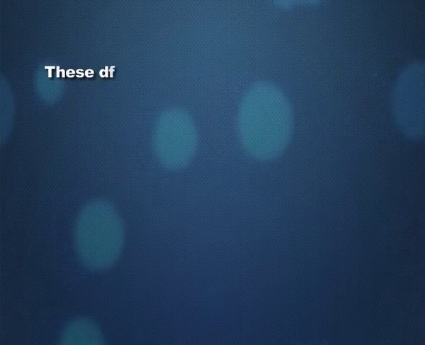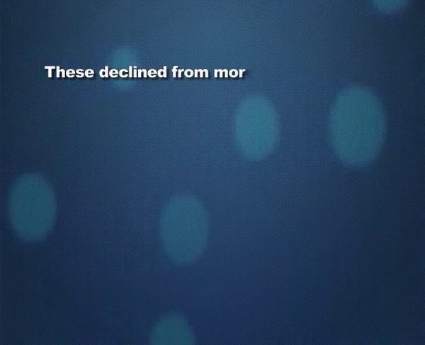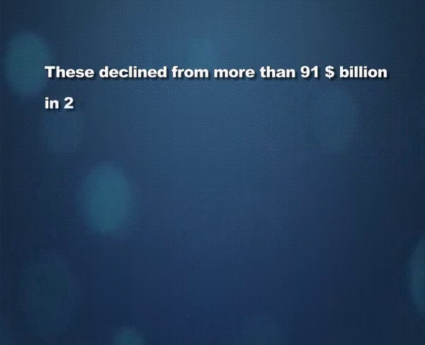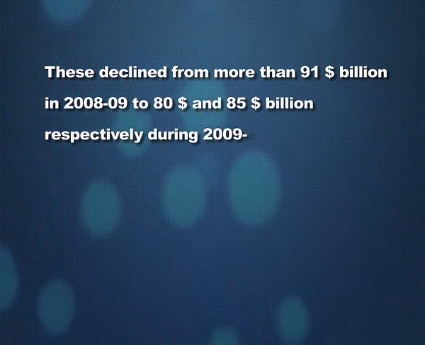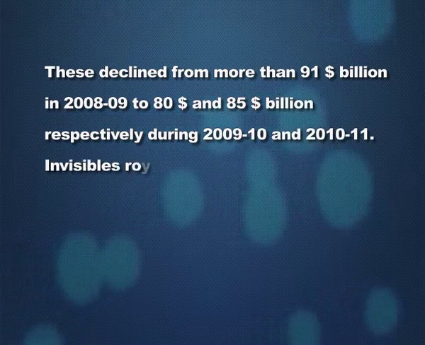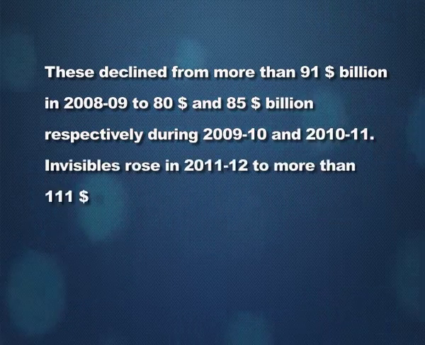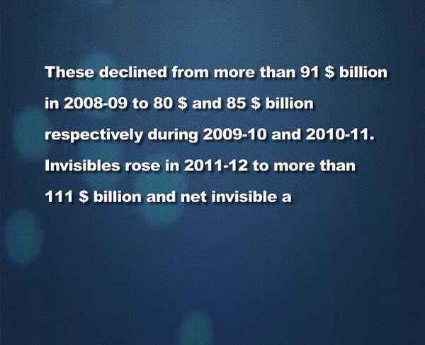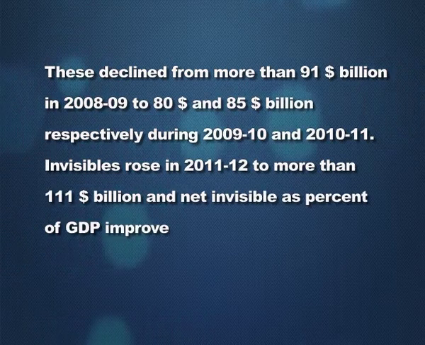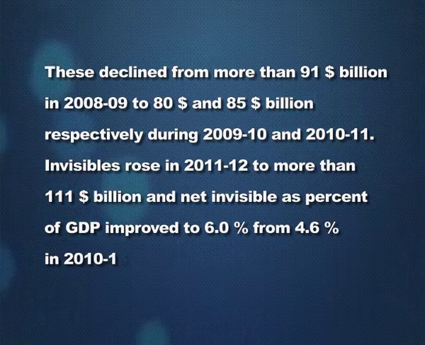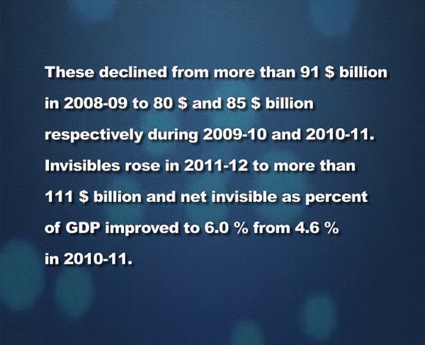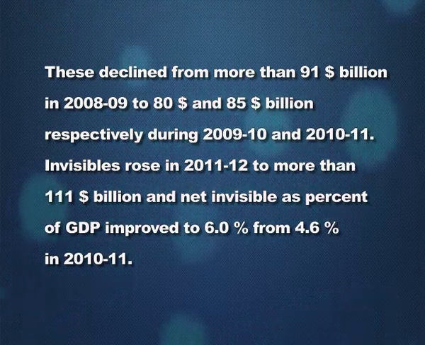These declined from more than $91 billion in 2008-9 to $80 and $85 billion respectively during 2009-10 and 2010-11. Invisibles rose in 2011-12 to more than $111 billion and net invisibles as percentage of GDP improved to 6% from 4.6% in 2010-11.